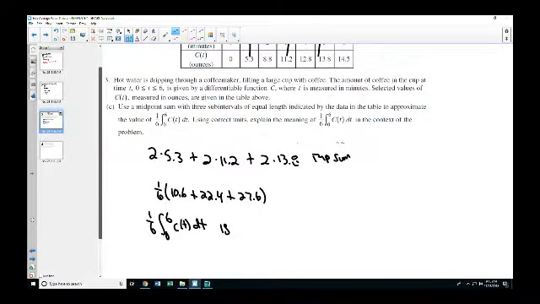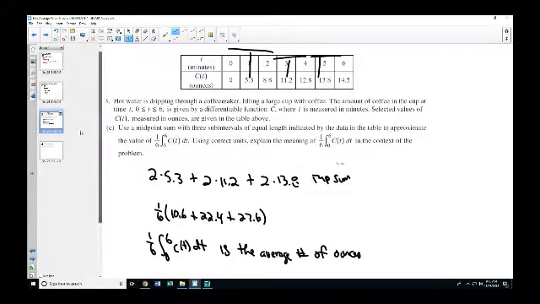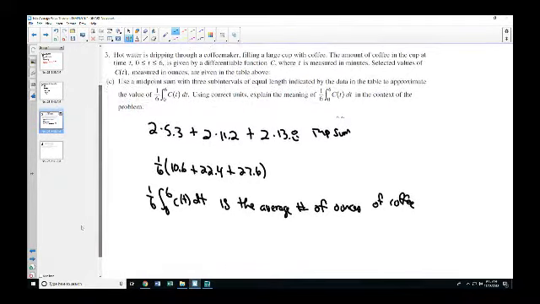The average value of ounces, right? Average number of ounces of coffee. Where's the coffee? In the cup. In a cup.